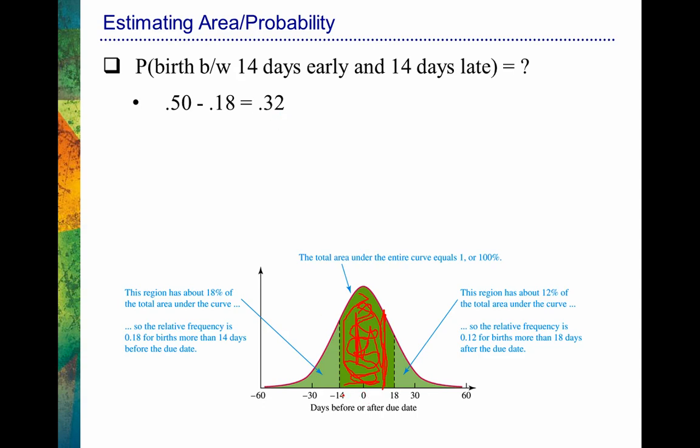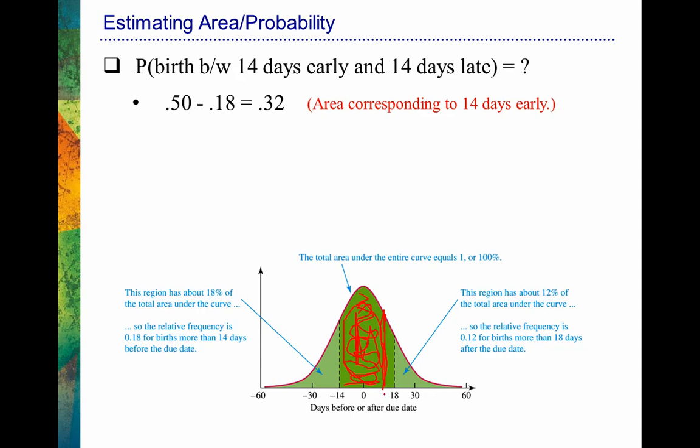0 and negative 14. Well, these distributions are symmetrical. So the amount of area from 0 to negative 14, that's from the due date to 2 weeks early, is exactly the same as the amount of area from the due date to 2 weeks late.